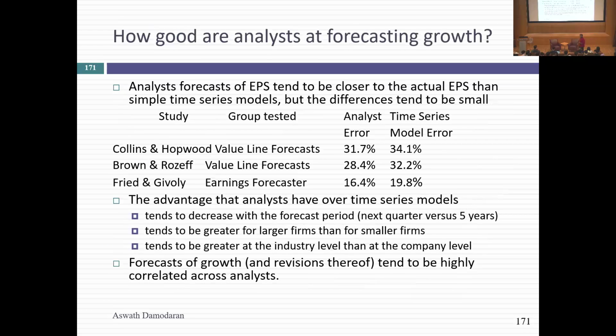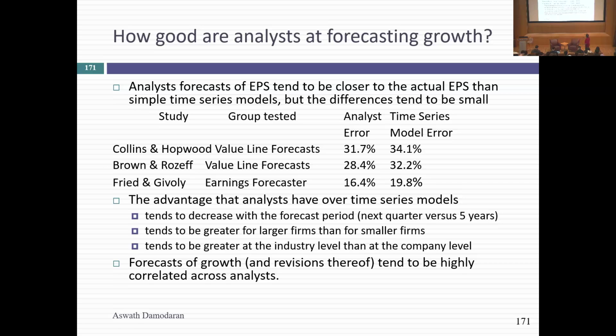So I'm going to start with a pretty depressing statistic about how good analysts are at forecasting earnings growth. This is actually from 3 different studies, and in all 3 studies, here's what they do. They compare the analyst forecast error, so the lower the forecast error, the more precise your forecasts are, to what you'd get by forecasting just using time series, historical data.